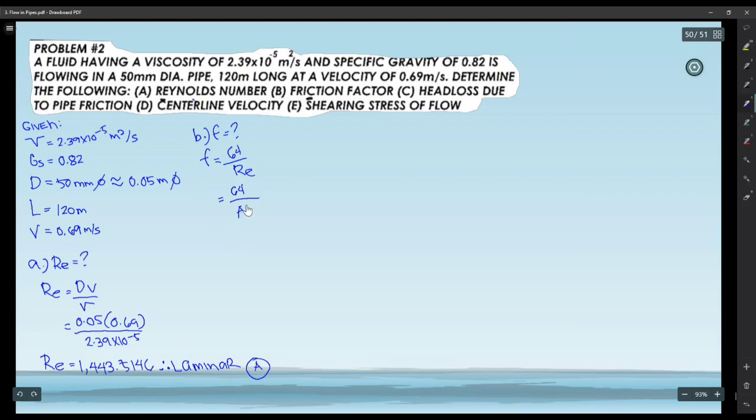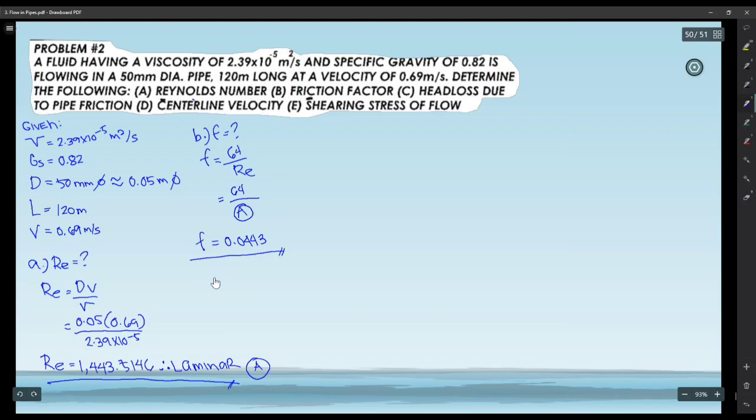Pero ako, in-store ko siya sa A, para walang tapon, di ba? So, 64 divided by A. So, the value of the friction factor is 0.0443. Okay? Ayan yung sagot. So, i-underline lang natin.